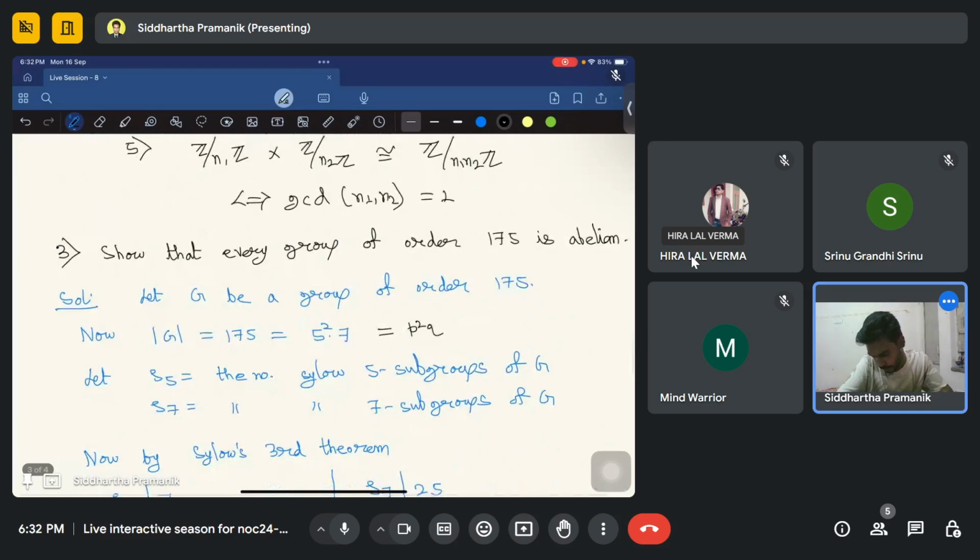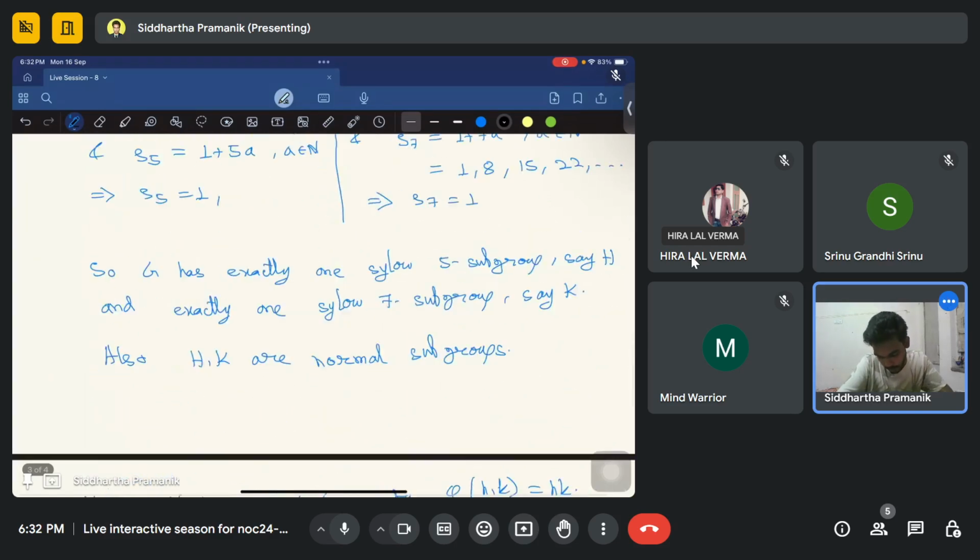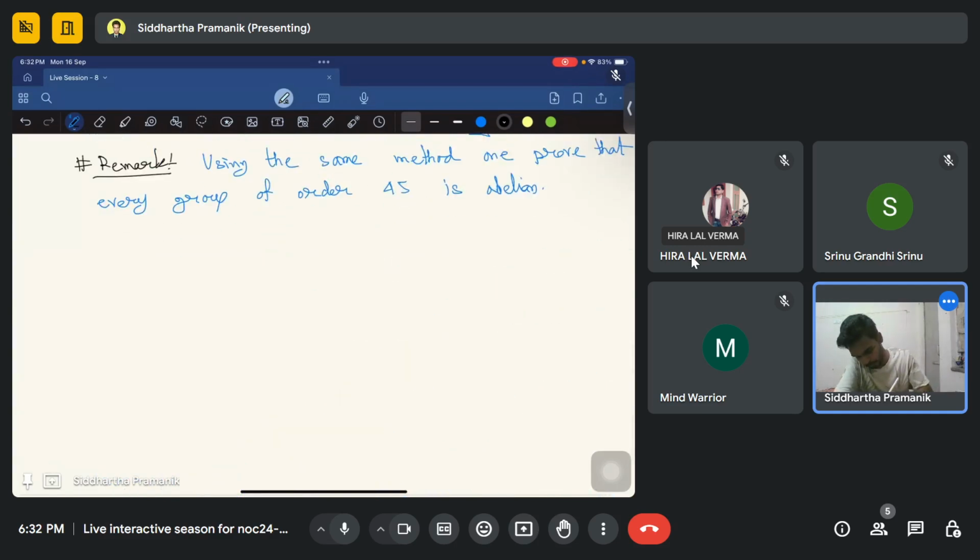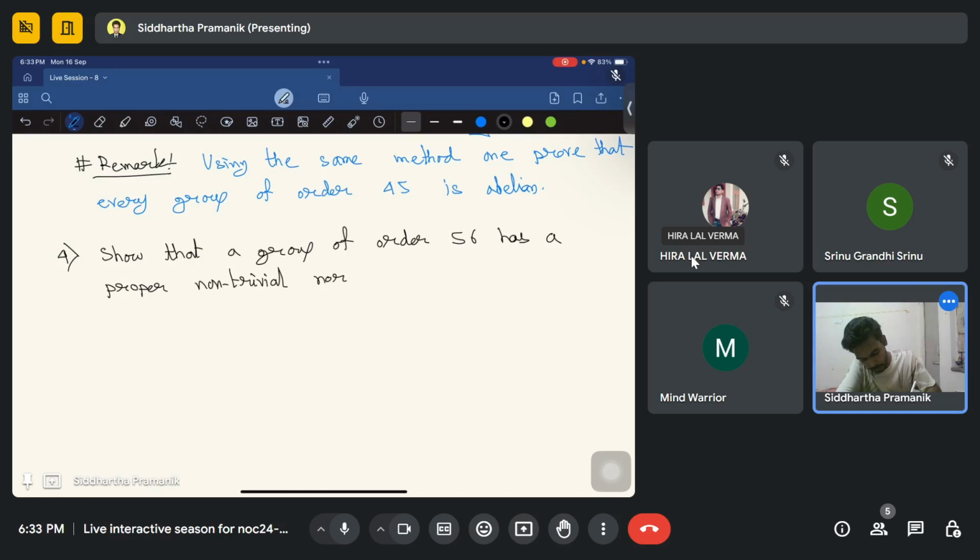So this is problem number 3. Okay, let's see a different kind of problem. Prove that a group of order 56 has a proper non-trivial normal subgroup.